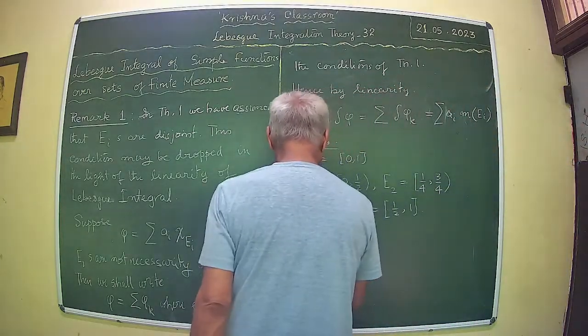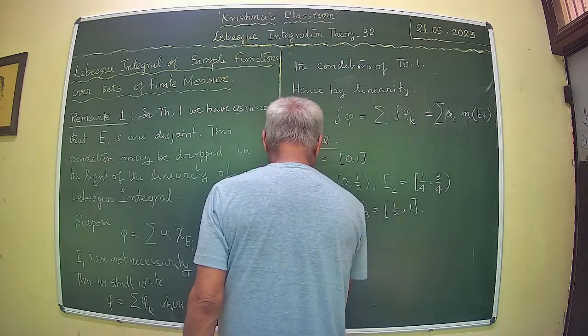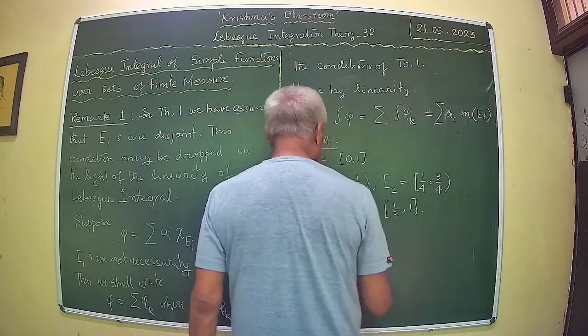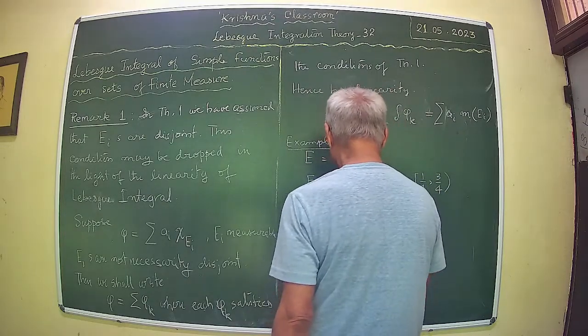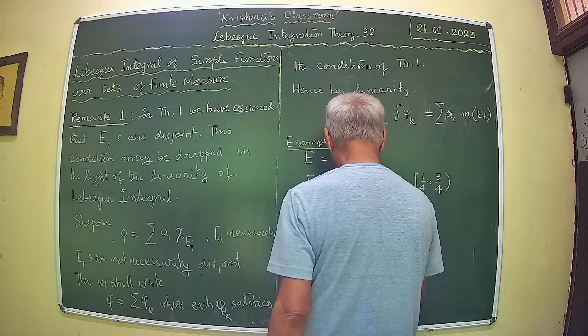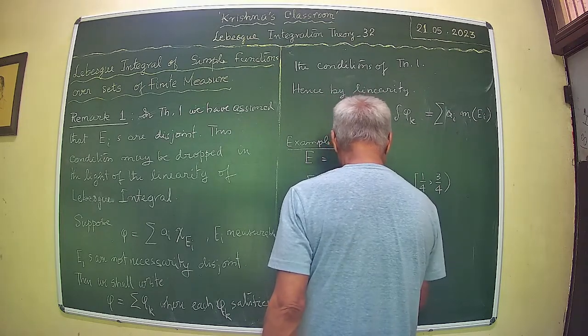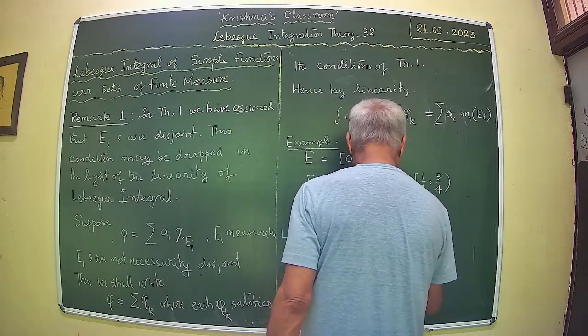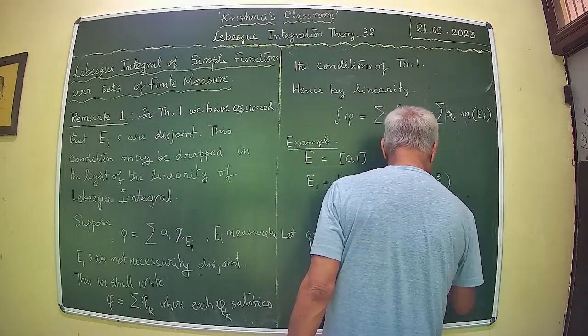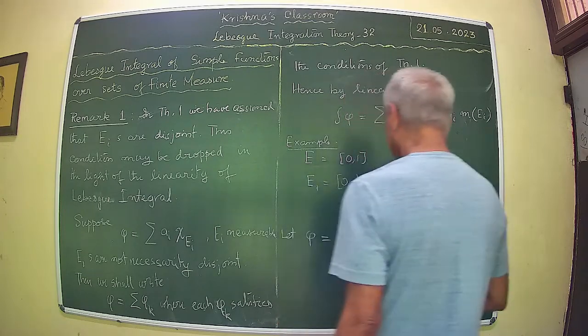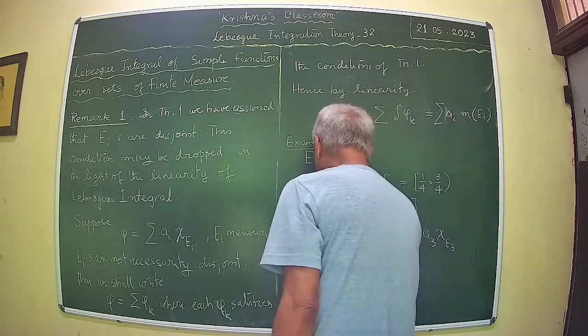So let phi be equal to A1 chi E1 plus A2 chi E2 plus A3 chi E3, then integral phi.